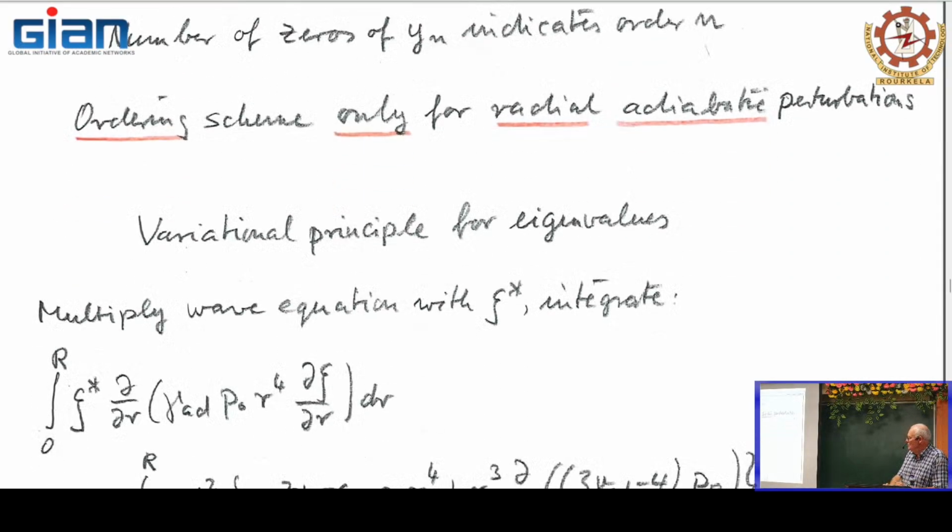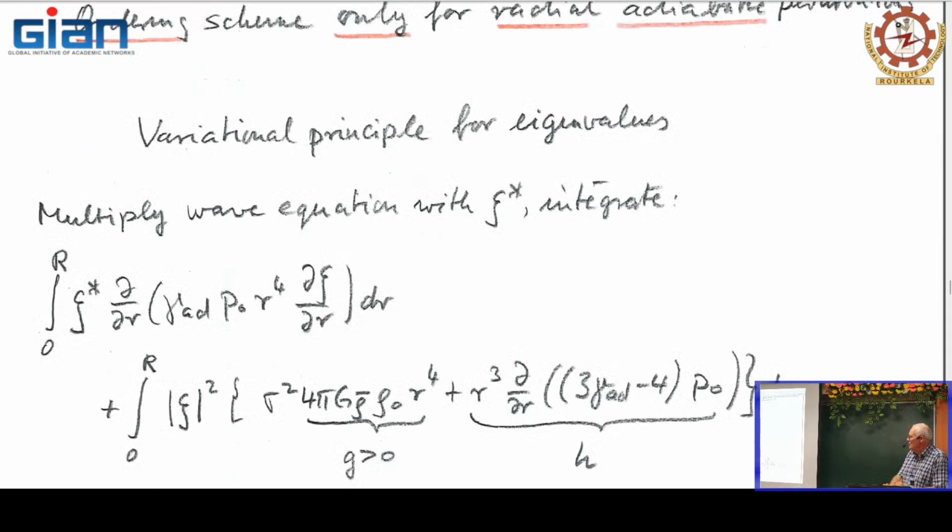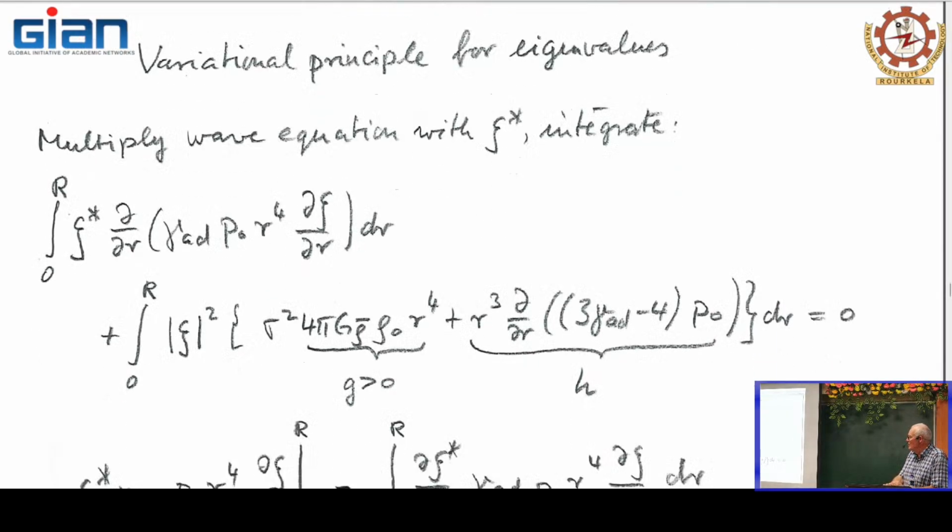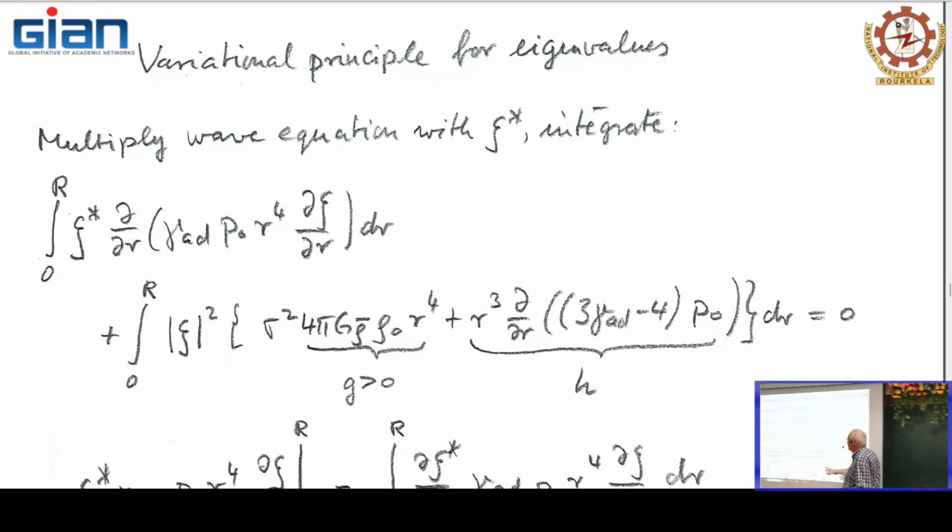Okay, so what we do to obtain a functional from whose variation we can derive, or which is then equivalent to the perturbation equation, we simply multiply the wave equation with the complex conjugate of zeta and integrate over the volume or over the integration interval.